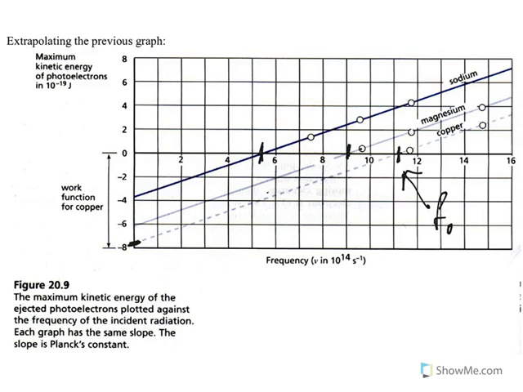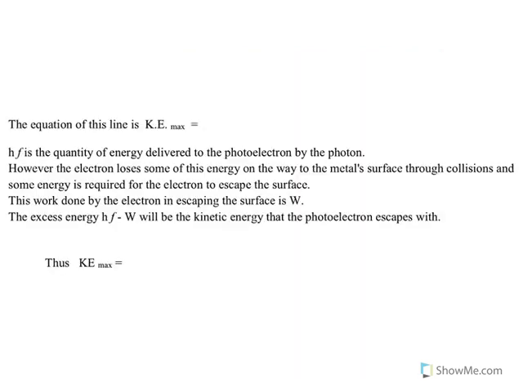So different cathode materials, different work functions, and as it says here, the slope is Planck's constant. If we have a look at the equation of the line, and this is out of your notes: the maximum kinetic energy equals hf minus W. Here, hf is the energy delivered by the photon.